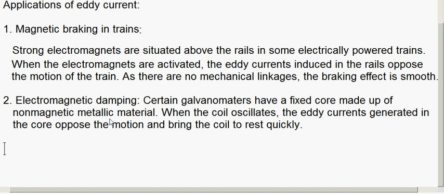So these are some of the other applications of eddy current. Two I have written over here; the other two you can take down as induction furnace and electric power meters.